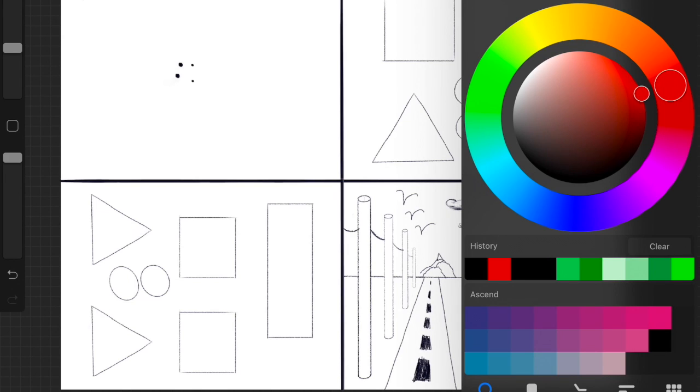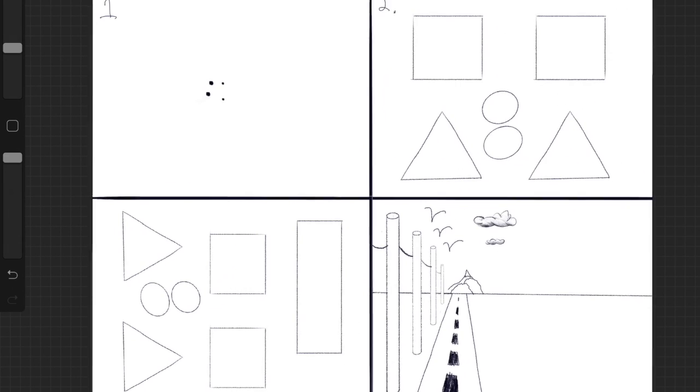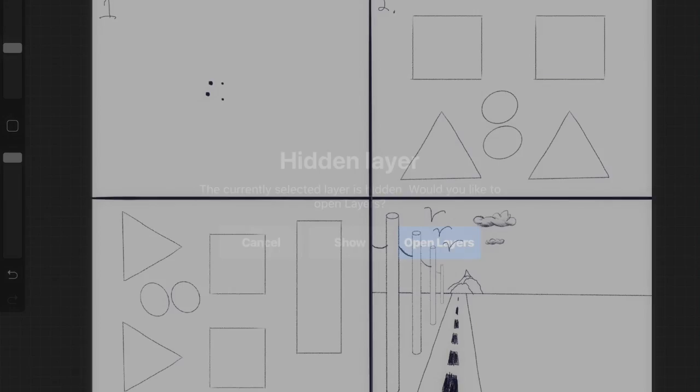So for this first one, we have 4 dots, and we're going to start off by going over something called the rule of thirds.